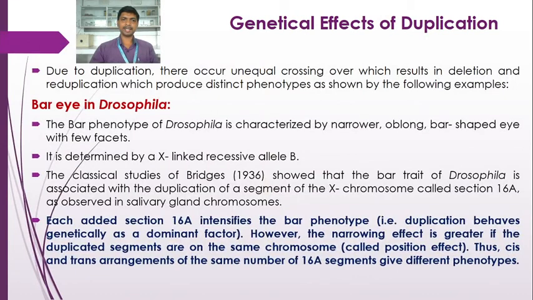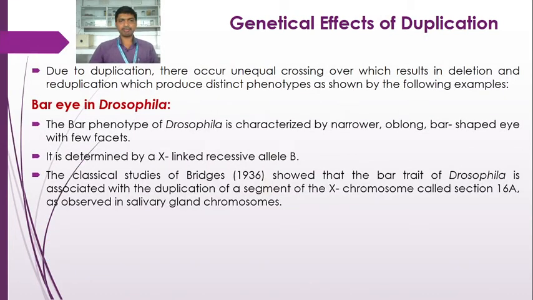The bar phenotype is determined by an X-linked recessive allele, B. The classical studies of Bridges in 1936 showed that the bar trait of Drosophila is associated with the duplication of a segment of the X chromosome called section 16A, as observed in salivary gland chromosome.